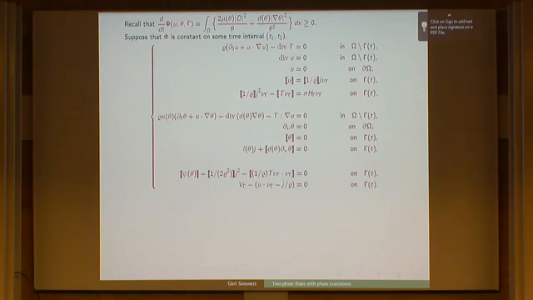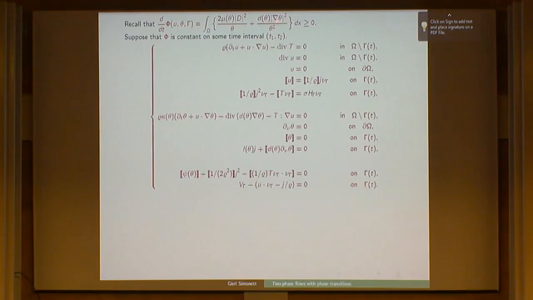So if we assume that entropy is constant on an interval, take the derivative, this is the formula that we have. If this is 0, then it certainly forces the gradient of theta to be 0. This means that theta is constant here and constant there, but theta was assumed to be continuous, so you see that theta has to be just one constant.